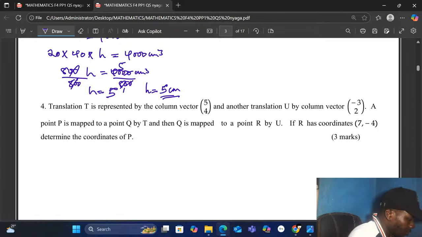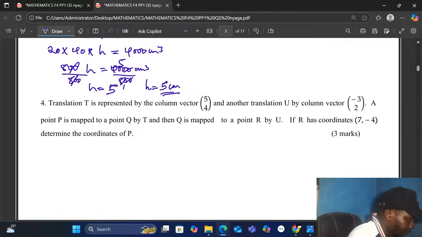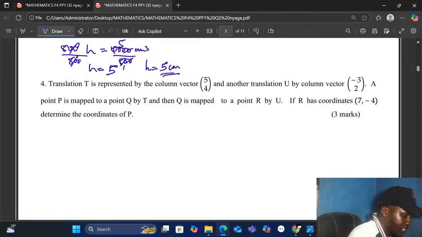Now, with this one, we are given T is equal to 5, 4. Then U is equal to -3, 2.